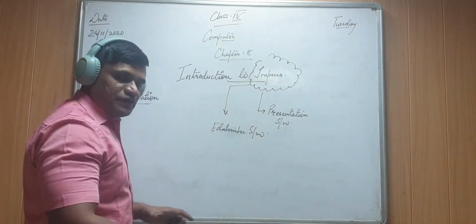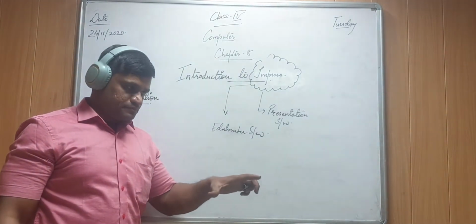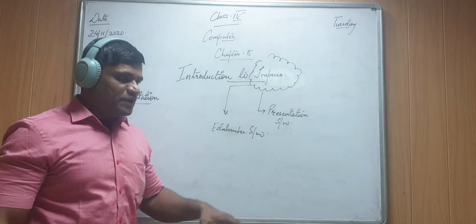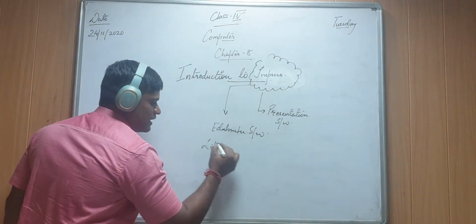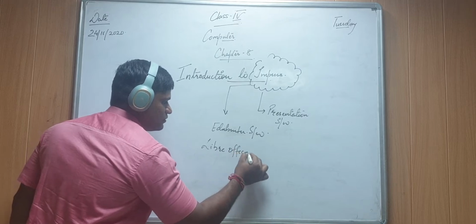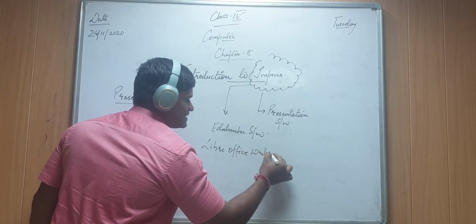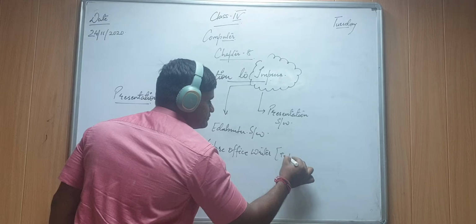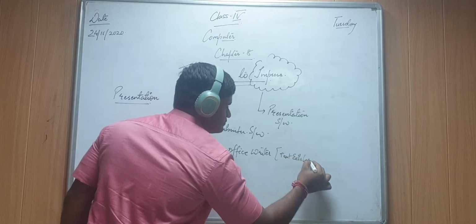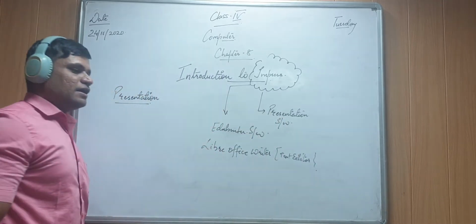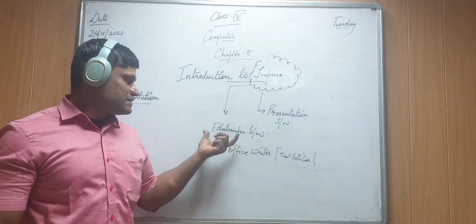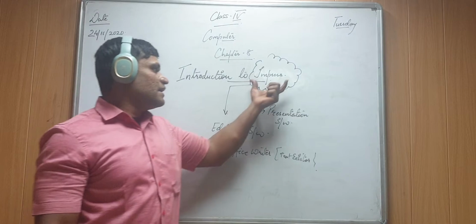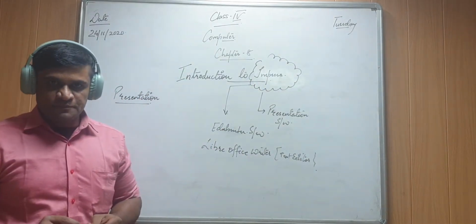Now, Ubuntu, as we know, has different programs, like what we have done previously, LibreOffice Writer, which was a text editor. Similarly, the presentation software available with the Ubuntu operating system is known as Impress.